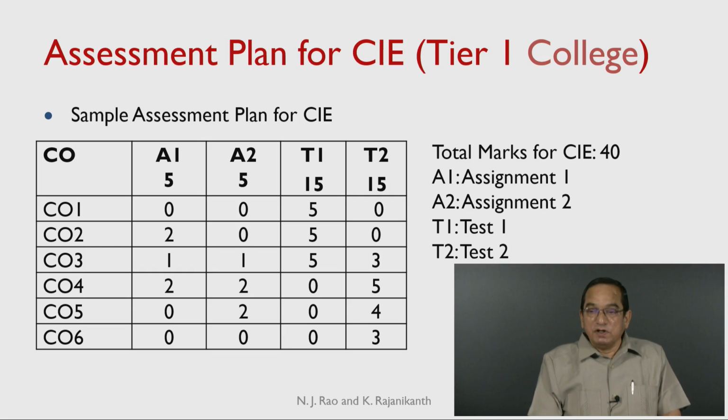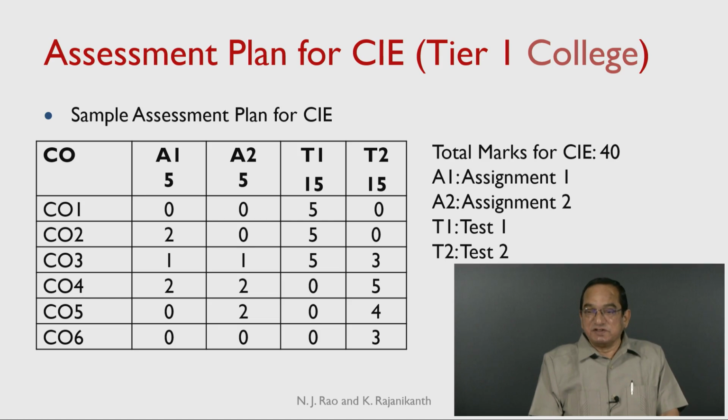For CO1, the number of questions related to that particular CO amount to a total of 5 marks. For CO2, we can see that in assignment 1 there are 2 marks allocated. In test 1 there are 5 marks allocated. So totally there are 7 marks allocated to CO2. For CO3, the total marks allocated are 1 plus 1 plus 5 plus 3.